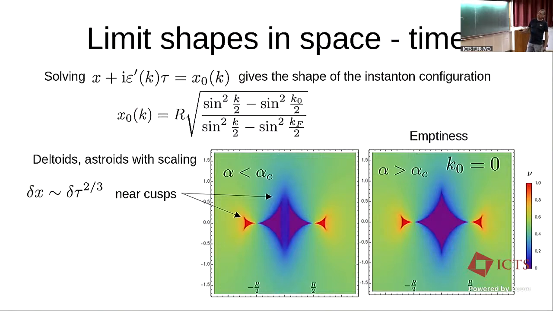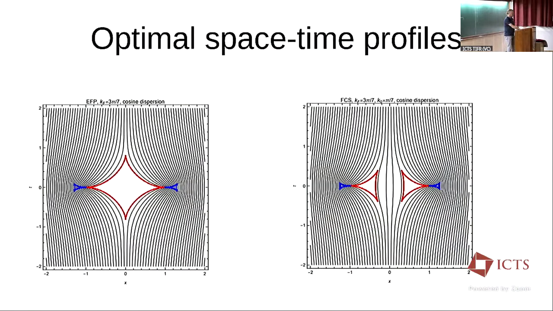For smaller values of alpha, one still has some particles going through the interval, but again there is a kind of merger of the limit shapes in the form of these two deltoids, and we have this typical behavior with critical exponent 2/3 near the cusps of all these deltoid and asteroid-like regions. And yes, so these are the typical trajectories.